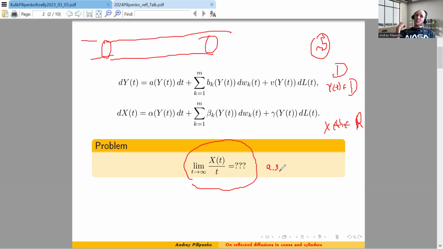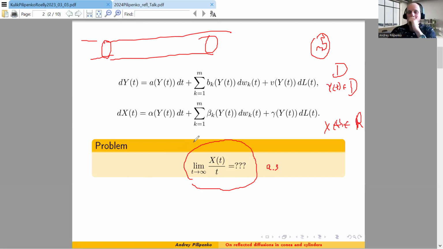And when we return to diffusion in a cone, then the result will be the following. If this constant is negative, then you reach vertex in a finite time with probability 1. If it is positive, or if it is 0, then you never reach it. Well, okay, I will not discuss the case when this constant is 0. If it is positive, then it never hits the vertex of a cylinder.